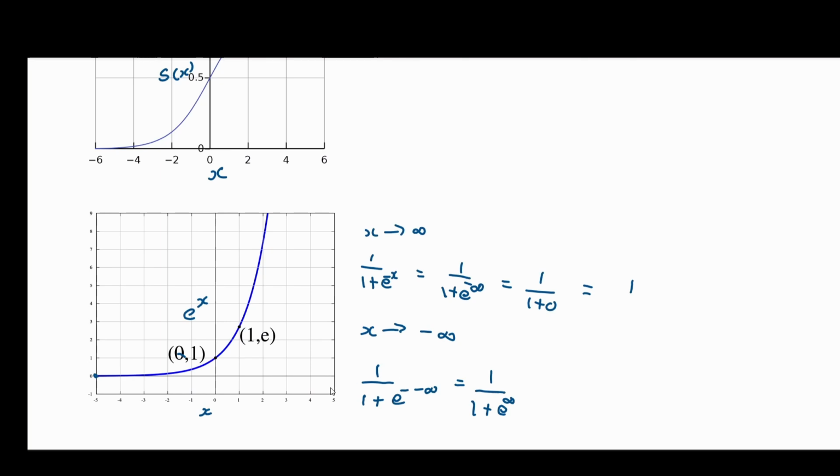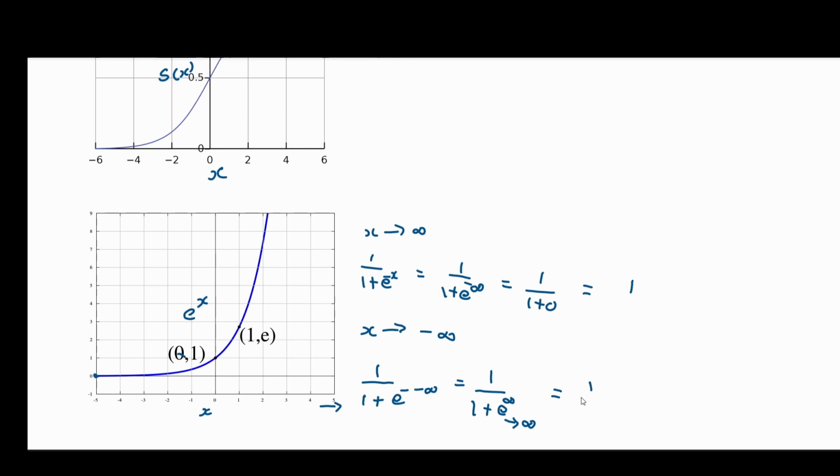So e power infinity, if you look at the graph, you can say that as x goes towards infinity, the value of e power x also goes towards infinity. So this value becomes infinity, and anything added to infinity is also going to be infinity.